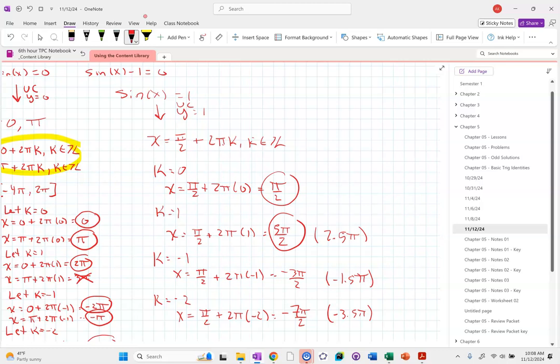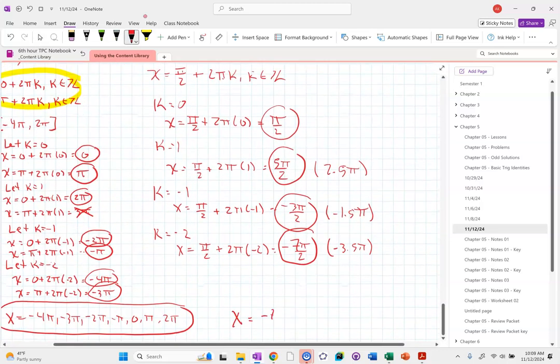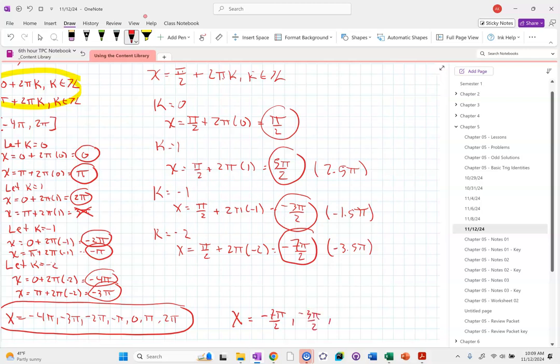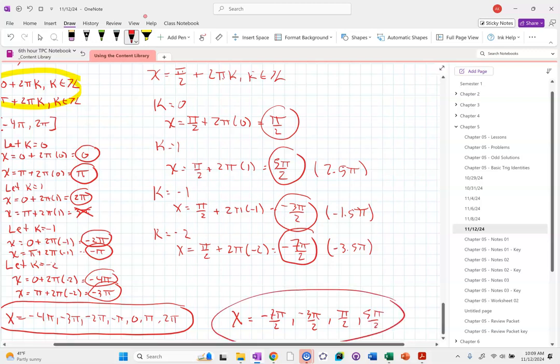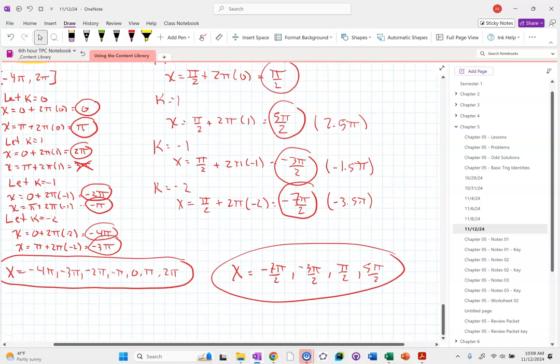If I subtract another 2 pi from that, that's going to be too small. So those are my only answers over here. So that list then is my total set of solutions for that problem.